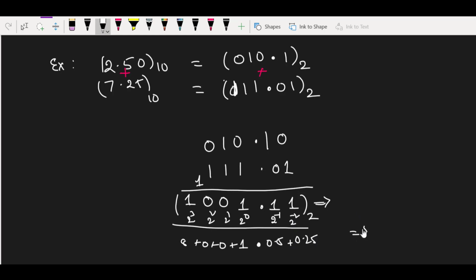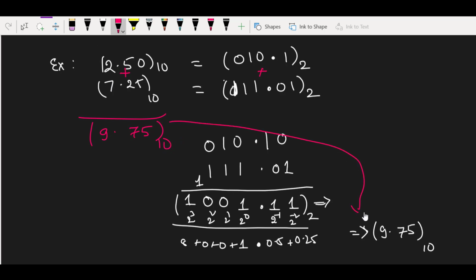So in total you are going to get 9.75 in decimal. If you add these two numbers, 2.5 plus 7.25, it will be 9.75. So we are getting the same value as we got through our binary arithmetic operation. This is how we perform the binary addition.